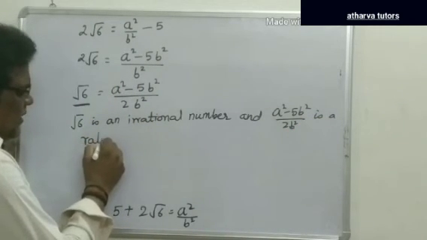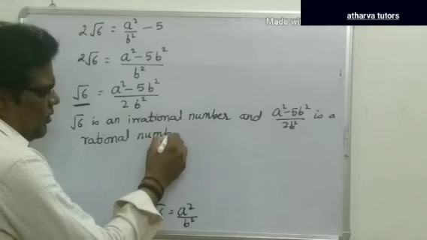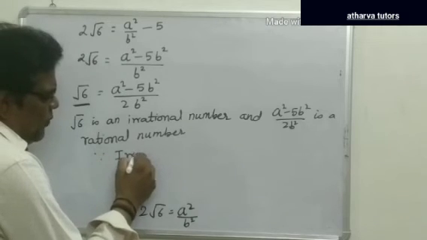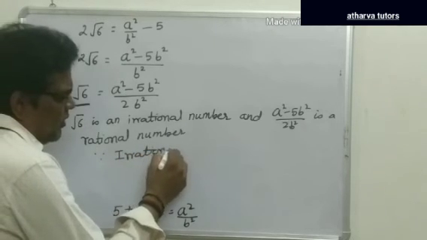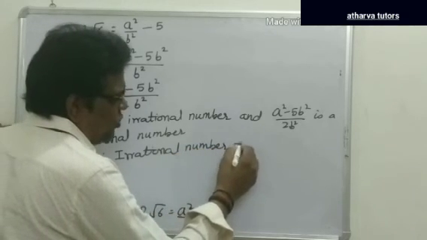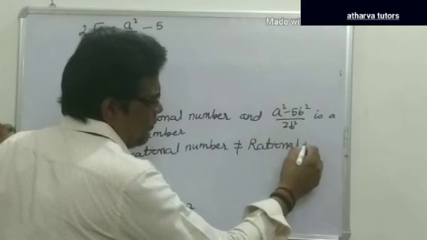Now you know, since an irrational number cannot be equal to a rational number, irrational number not equals to rational number.